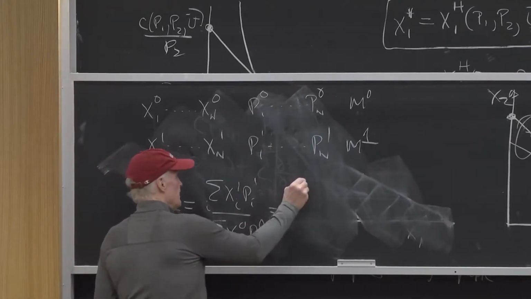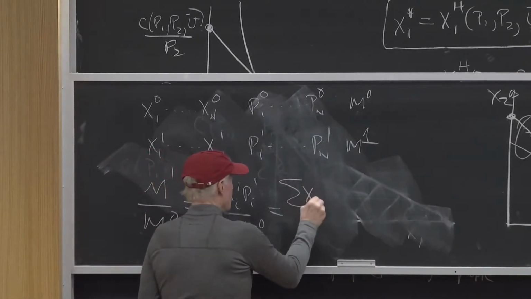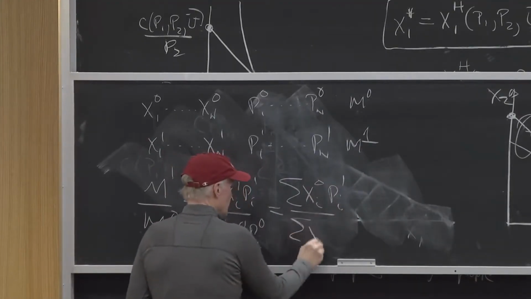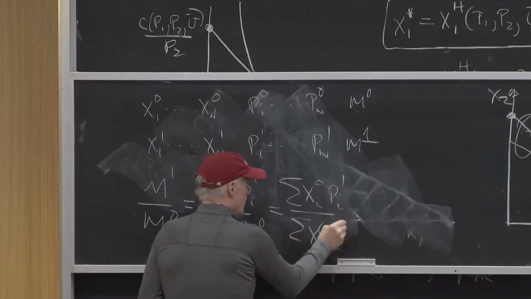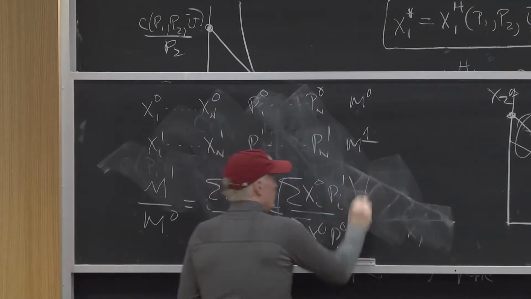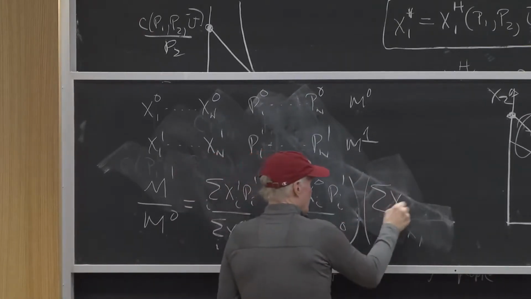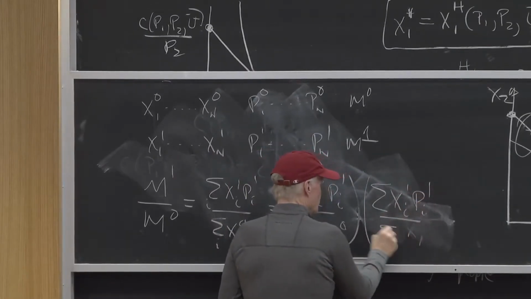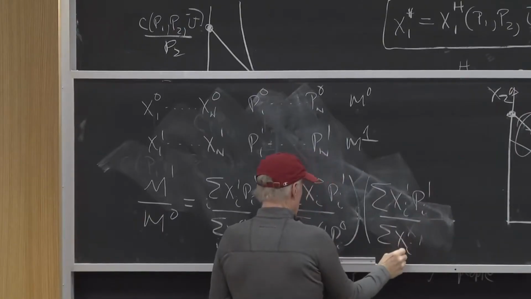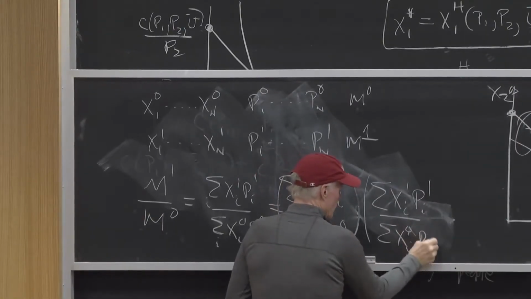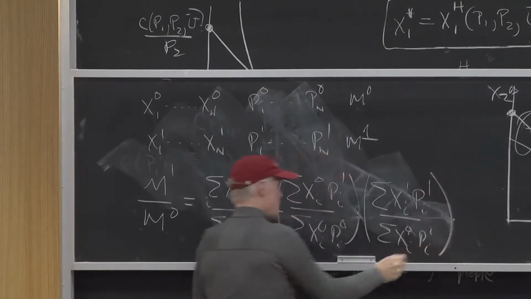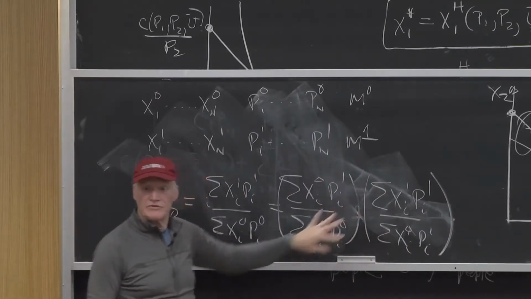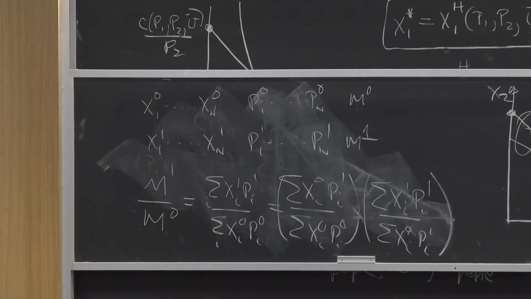We often do something like this: this is the sum of xi naught pi1 over the sum of xi naught pi naught, times the sum of xi1 pi1 over the sum of xi naught pi1. You'll notice that works because I've got the same thing here and here. I've just introduced that term in both places.